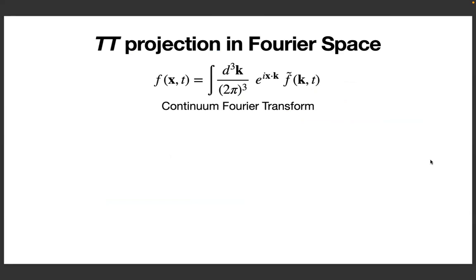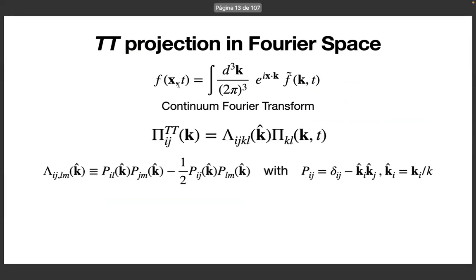An easy way of getting the transverse traceless part of an object is going to Fourier space. So here I show you the definition of a continuum Fourier transform for, in this case, a scalar field or a function. And once you have the Fourier transform of your object, in this case the tensor, you can just apply this projector, which is defined here, and where P, as you can see, is defined here.